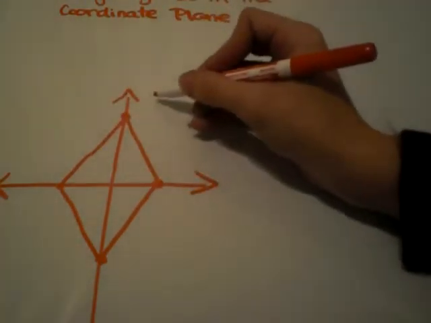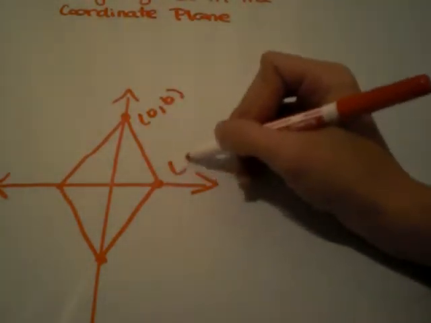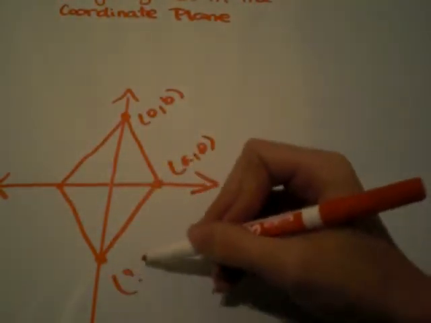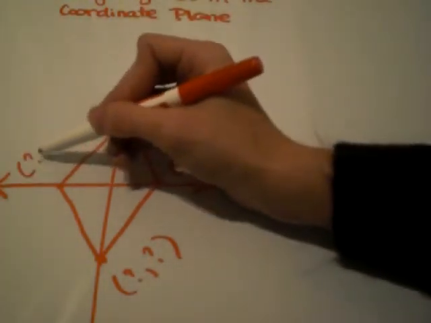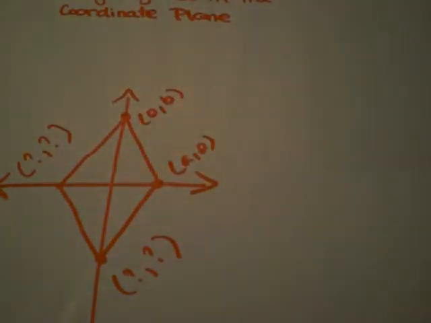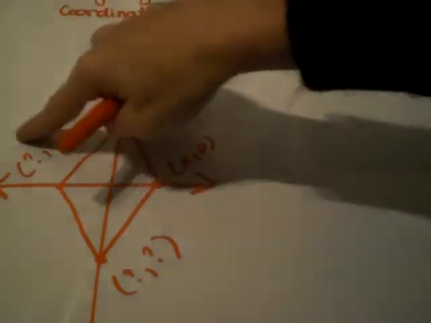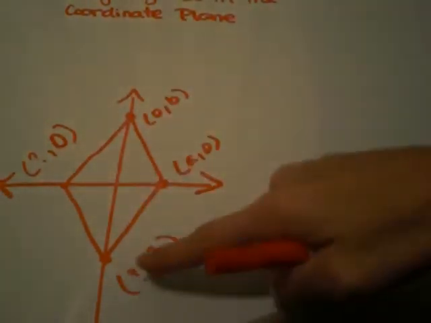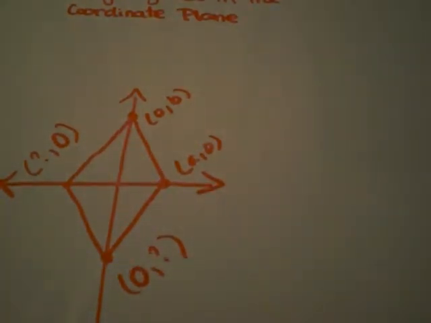And we have a point 0, B, a point A, 0, a point down here that we don't know, and another point on this side that we don't know. Now remember, when we look at our x-axis, our y value should be 0, so we know that one right away. And when we look at our y-axis, our x value should be 0. So those we can fill in right off the bat since they're on the axes.